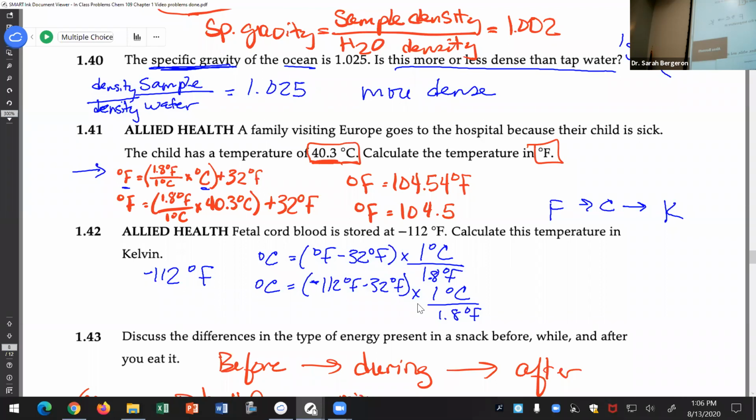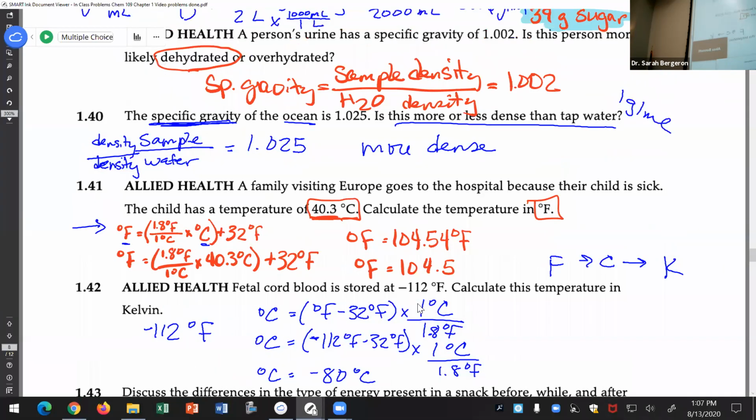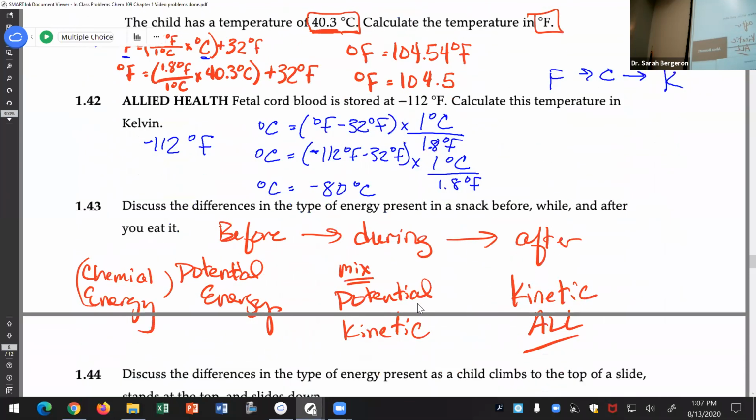So subtract your 32, and then divide by 1.8, and what do you get? Negative 112 minus 32 divided by 1.8 is negative 80 degrees Celsius.